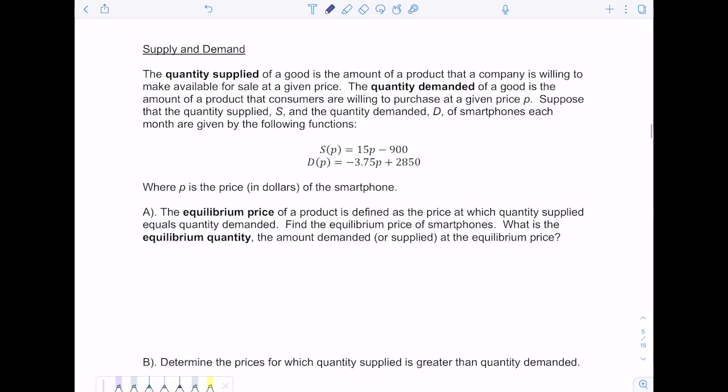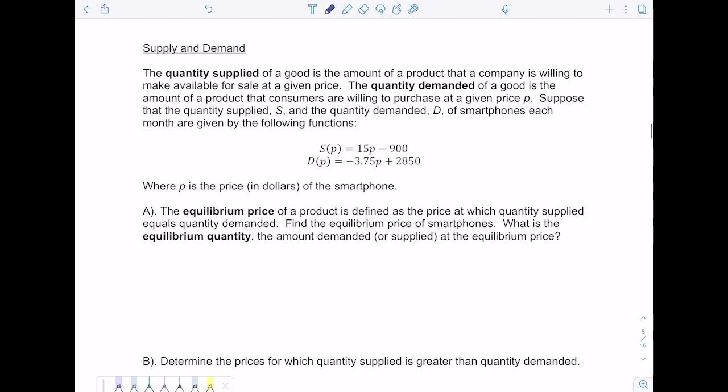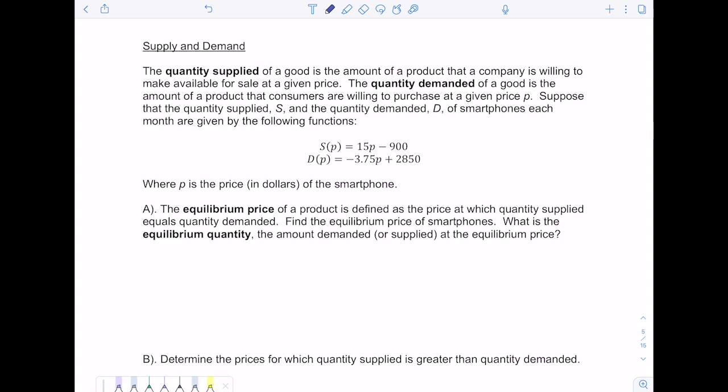The next thing we're going to look at is supply and demand, which is an application of the problems here. So the quantity supplied of a good is the amount of a product that a company is willing to make available for sale at a given price.